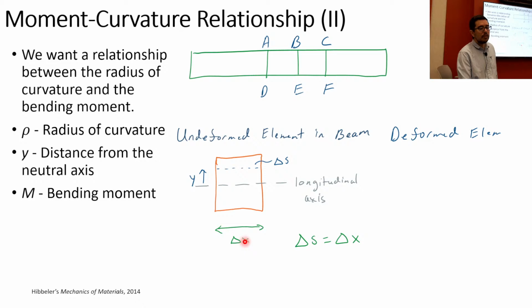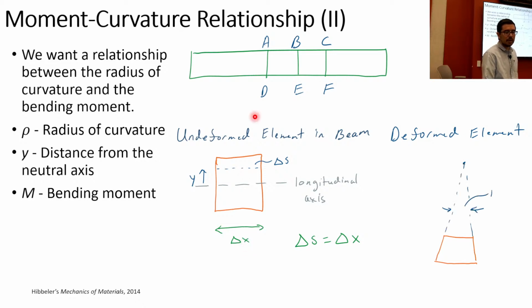Now, what happens if we deform our element, our little slice? If we deform our slice, or our beam, we can look at this element now deformed, and we go from here to here, it gets smaller, and here to here, it might be getting a little bit larger.